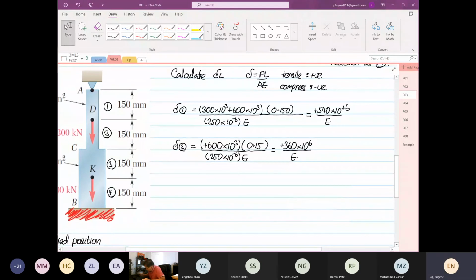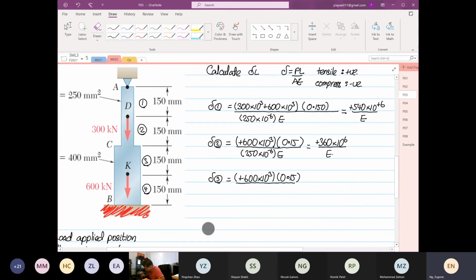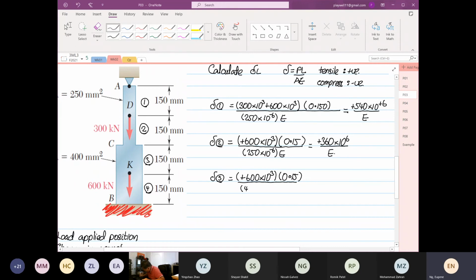Okay. And then deflection at point 3 is only going to see the 600, right? The 300 is on top, right? So at deflection at 3, it's only going to see the 600. The length is the same. Now the cross-sectional area changed to 400 times 10 to the power minus 6. Why minus 6? Because I changed to meter squared.